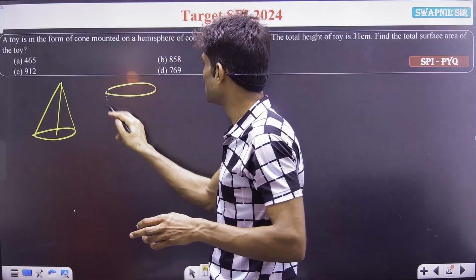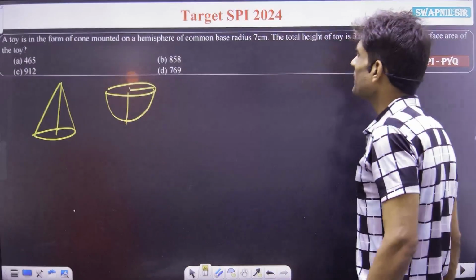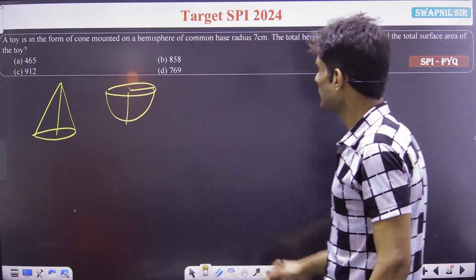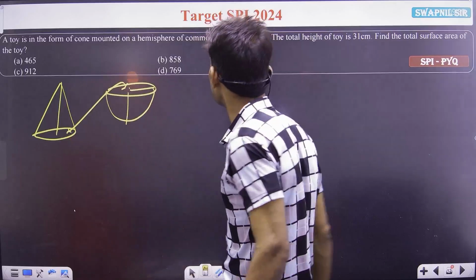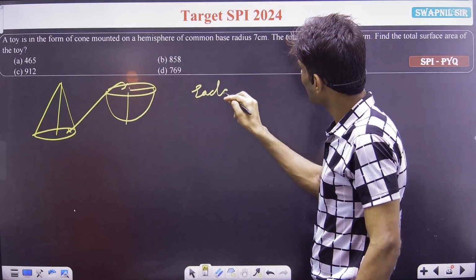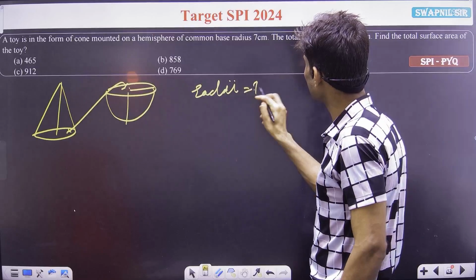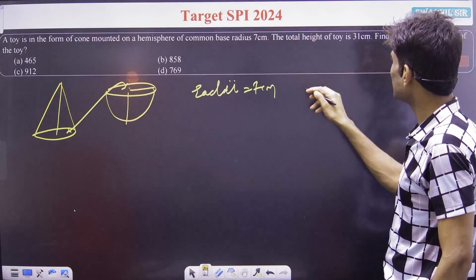This one is the hemisphere, and the cone is mounted on it with a common base. We both have a common base, that means the bases are common, with the radius of 7 centimeter.